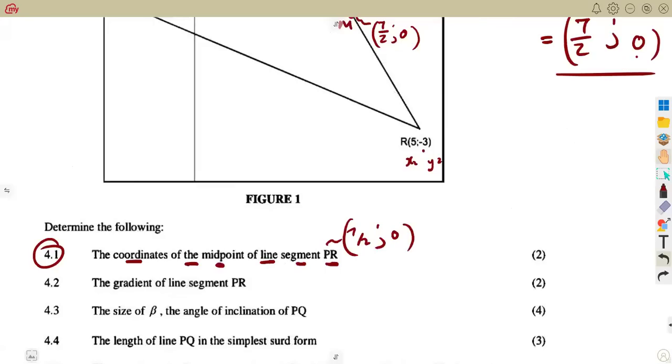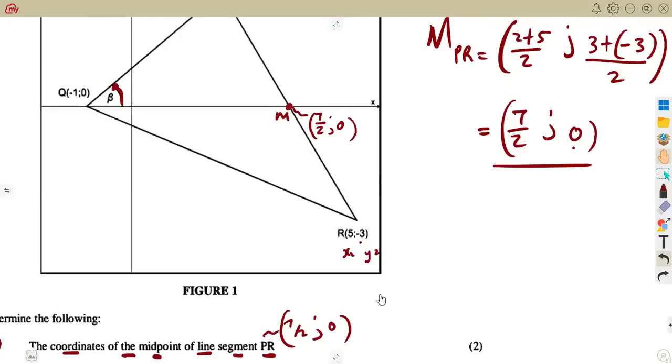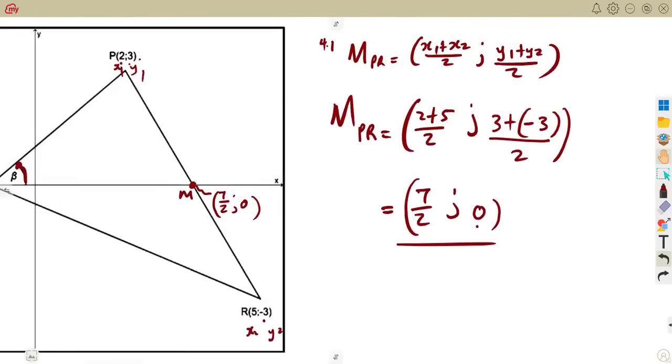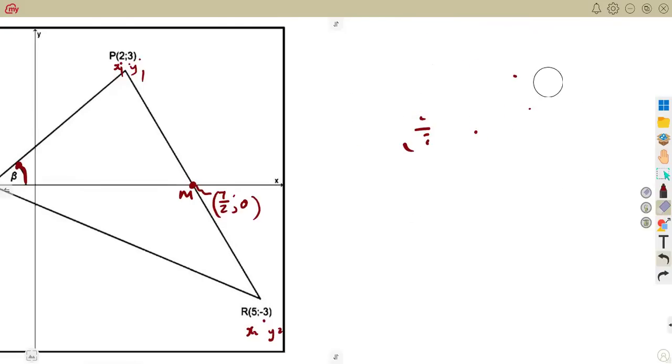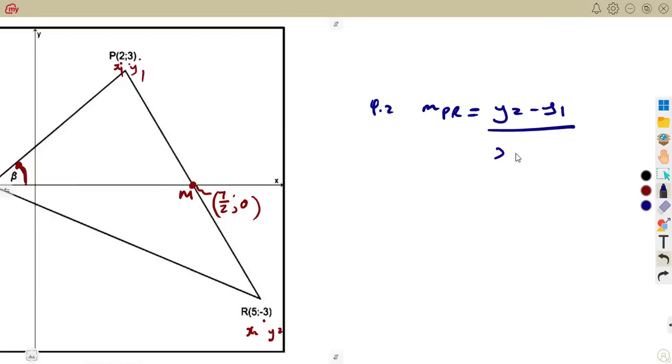Then 4.2, the gradient of the line segment PR. Same line, but this time we need its gradient. So how do you determine the gradient of a line? Remember the gradient is change in y over change in x: y2 minus y1 over x2 minus x1.